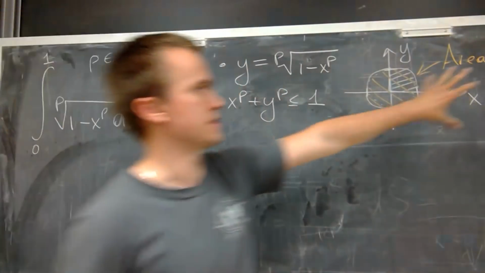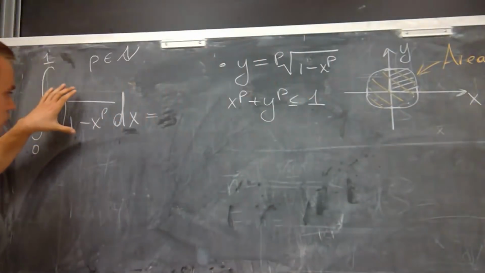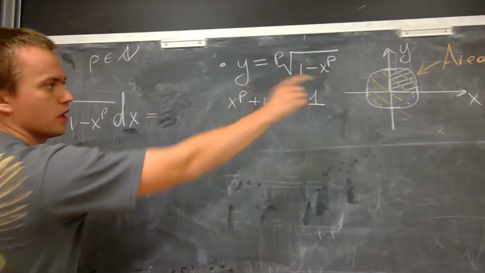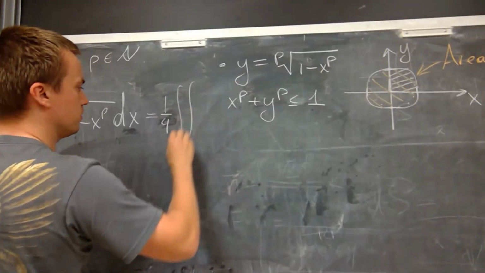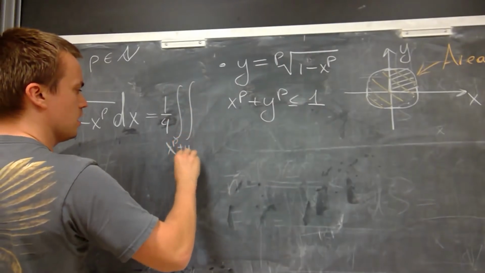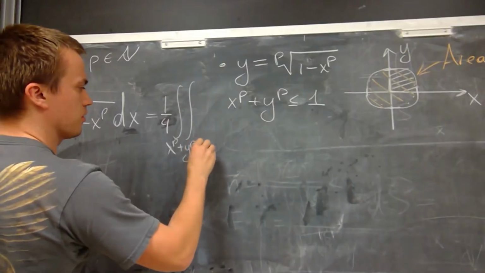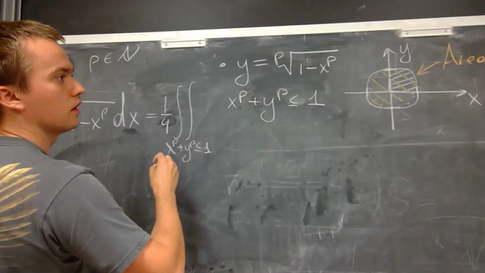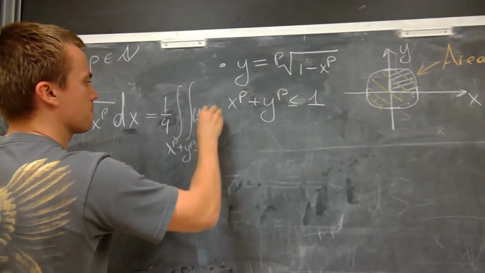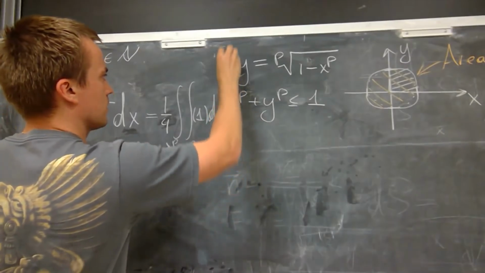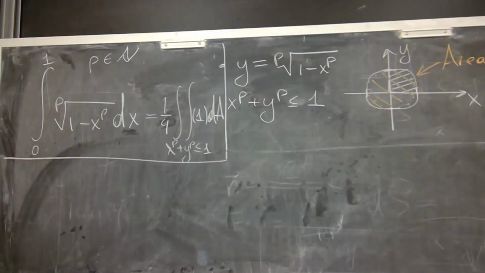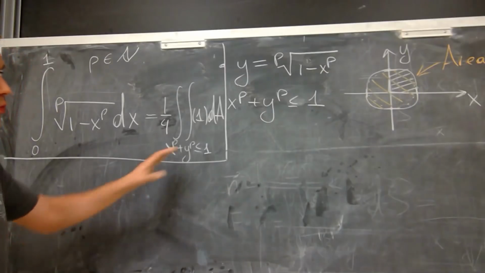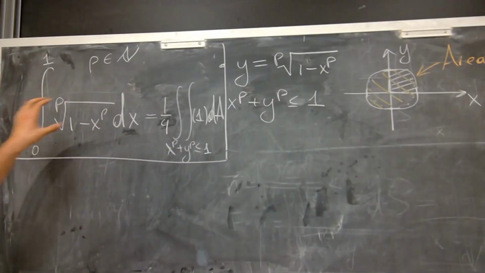The value of this integral is going to be just one quarter of the double integral over x to the p plus y to the p less than or equal to 1 of dA. Let's keep this one as our goal. So this was step 1, when we set up our integral.